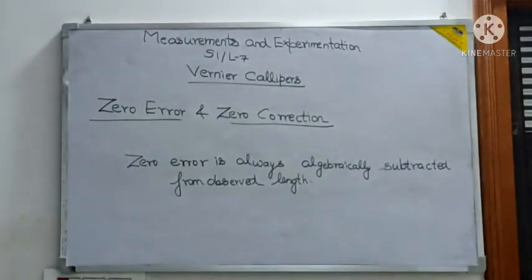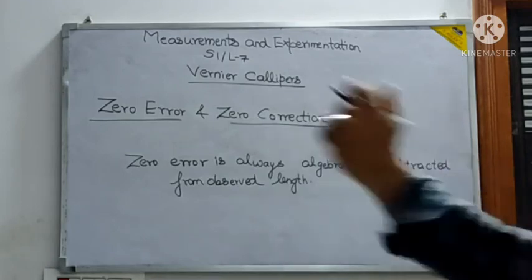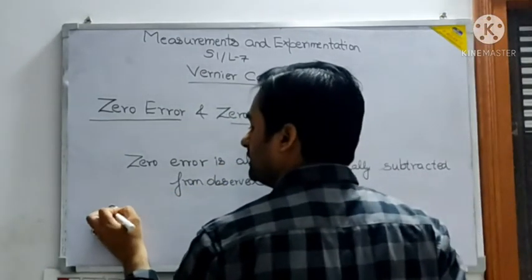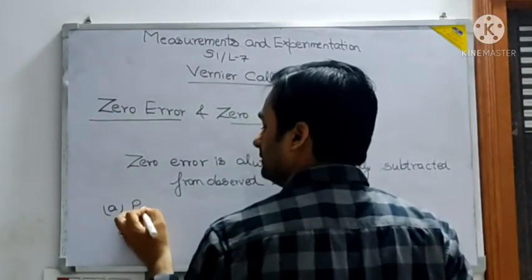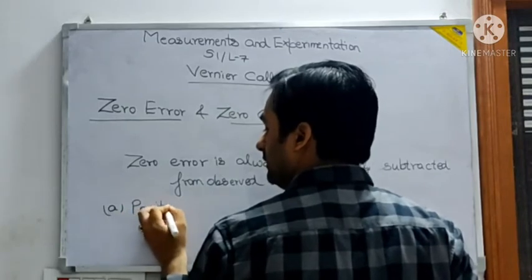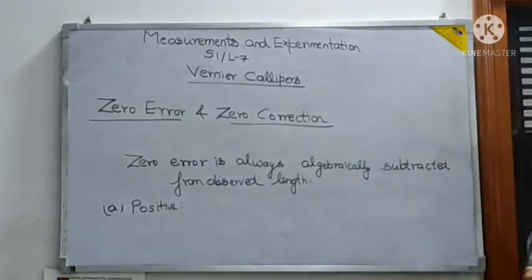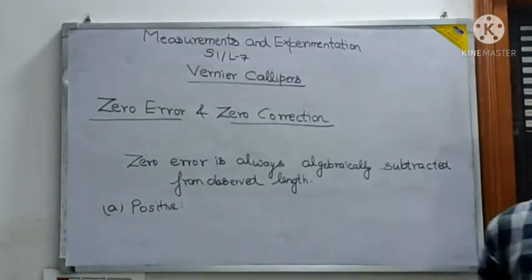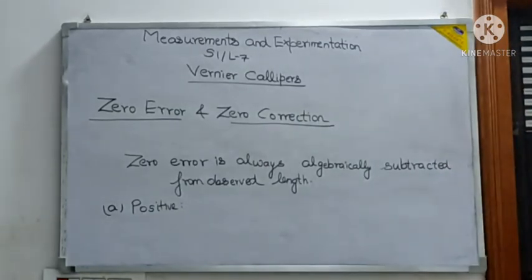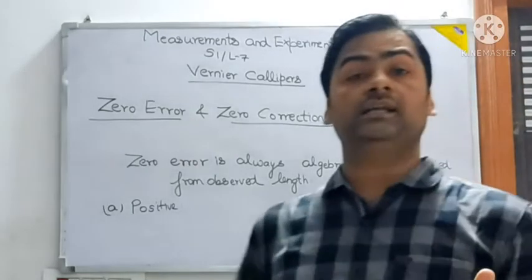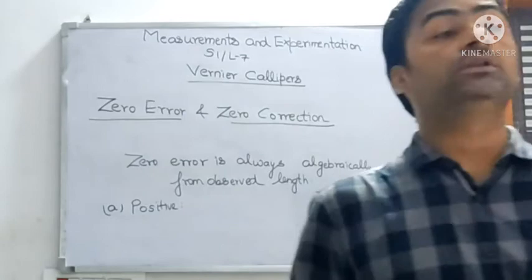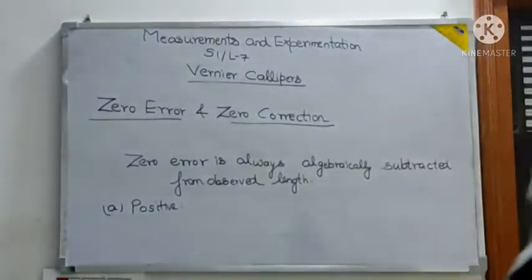So in case of positive zero error, what will happen? See, if the error is positive, see what happens. I have told positive and negative zero error are decided exclusively on the basis of position of the vernier caliper.